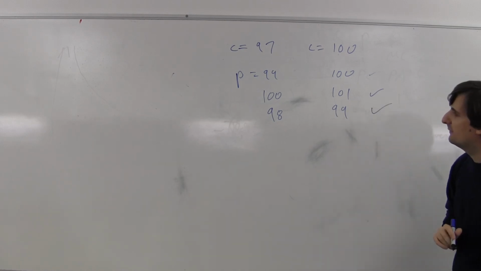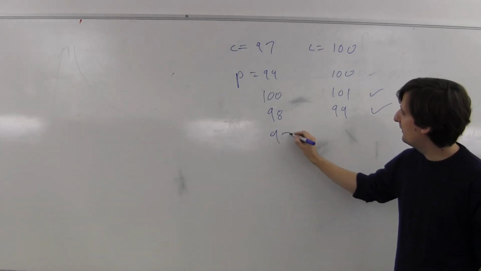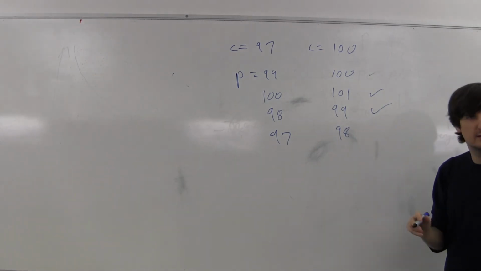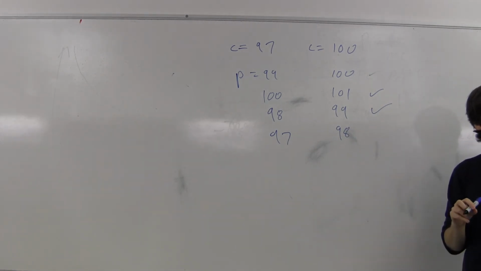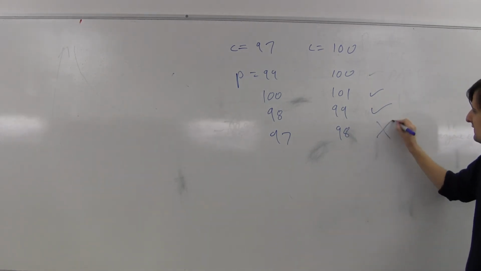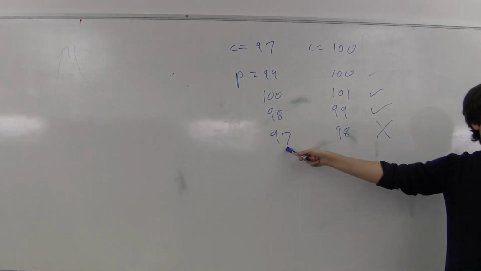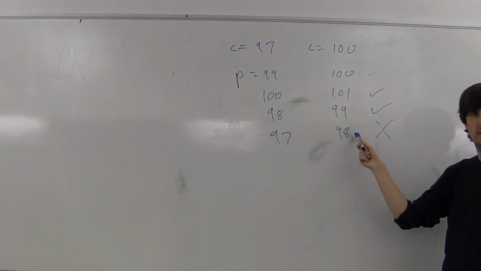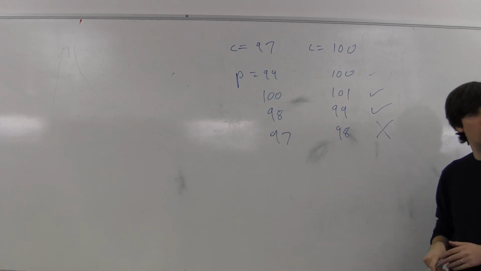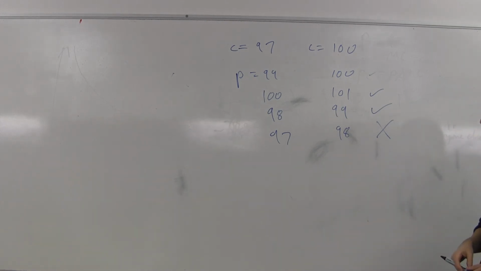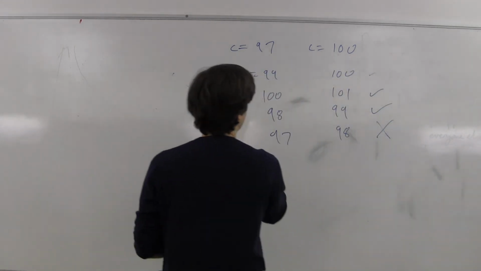So this is one as well. Is this one 97, 98? Because this firm is currently making 0 profit. If it goes up, then it's making at least some profit.